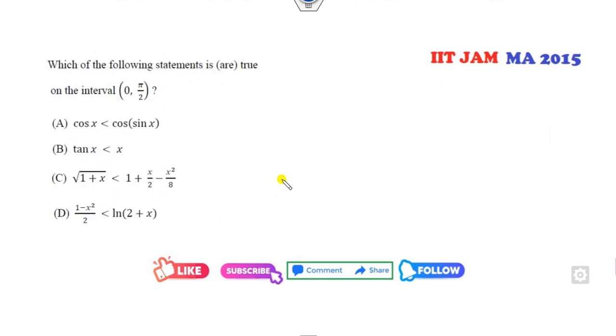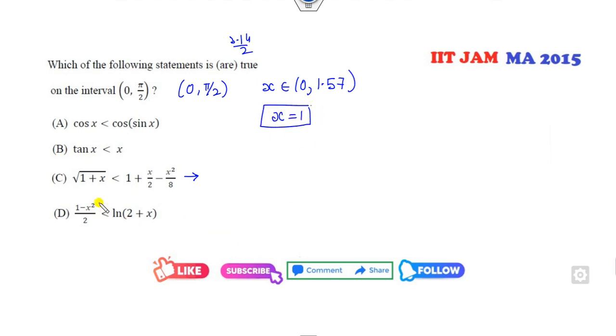Okay, which of the following is true about 0 to pi by 2? So again I can choose one particular value. In order to substitute here, I have to choose x from 0 to 3.14 over 2, 1.57. So firstly I can choose any number, say x is equal to 1. So look at that, it will be my root 2.